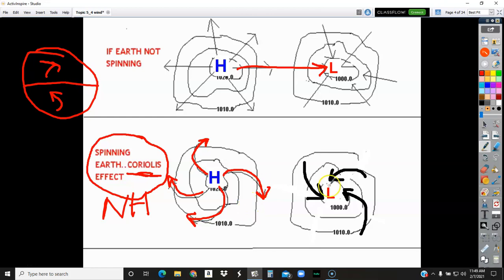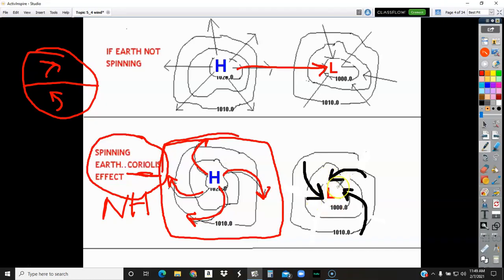The nice thing about highs and lows is they're complete opposite. So I usually tell students every year, focus on a high pressure. If you know the way the winds go around a high pressure, low pressure is just the opposite. So instead of out and clockwise, notice in a low pressure, these black arrows are going in and counterclockwise.